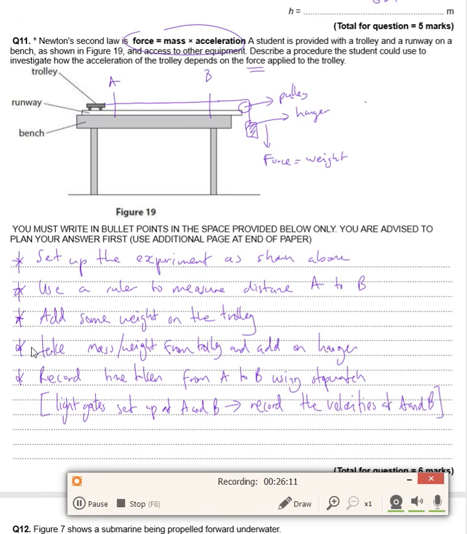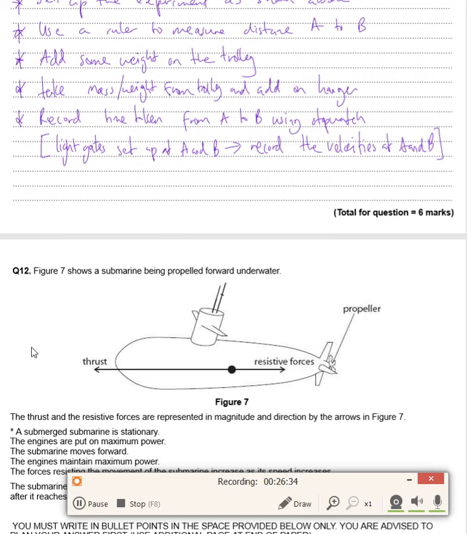Now light gates, the way it works is it's just like a gate. Look, something like this. There's a laser there. When something crosses through the laser, it flags off. So we put one at A and we'll put one at B, so we can easily use this one.